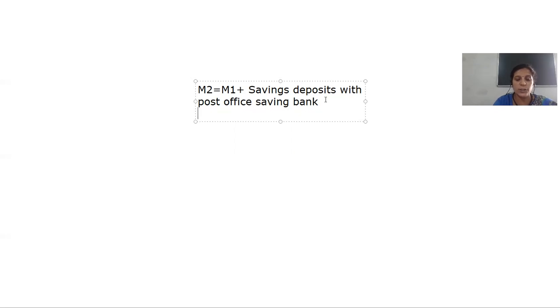Now we are taking the next component, the M3 component of the money supply. What does M3 include? M1 plus net time deposits with banks. M3 includes M1, which you studied before, plus net time deposits with the banks. It includes the demand deposits that are included in M1 plus time deposits also.